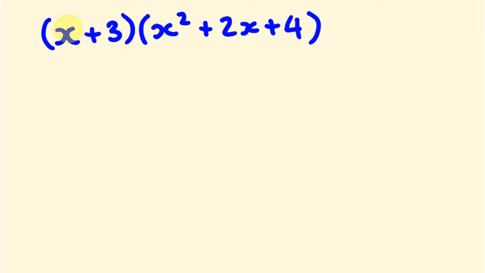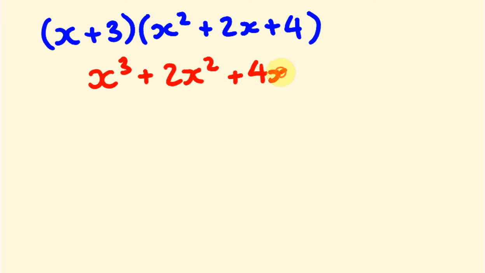So first off, x times x squared. This is probably the way that some people are used to doing this, and they're probably already thinking, I know this already. So x times x squared is x cubed. Then x times positive 2x is positive 2x squared. And then x times positive 4 is positive 4x.